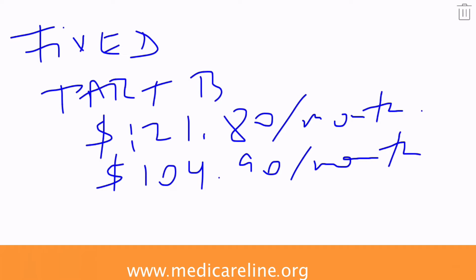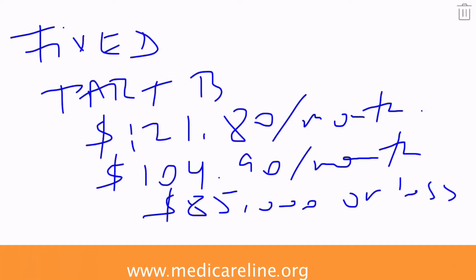But basically, if you're at $85,000 individual or less, you'd be looking at those amounts. If it goes up from here, and I believe for couples it is $170,000 if you file jointly or less, you're going to be looking at these amounts per month. And again, those are fixed. They can go up based on whatever Congress decides, but usually those are fixed costs for Part B.